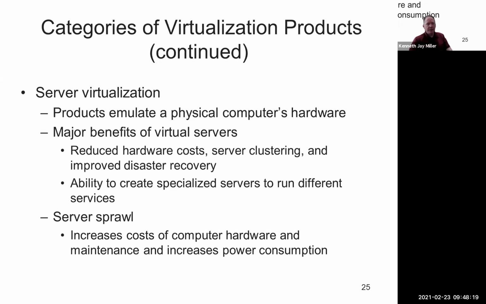And we need power, and we need maintenance, and we need cooling, and we need someone to manage them when we have all these different servers. Whereas with virtualization, we may only have a handful of servers that are running a bunch of virtual servers. And you know, the admin, we still may have specialized admin, but not necessarily. Okay.